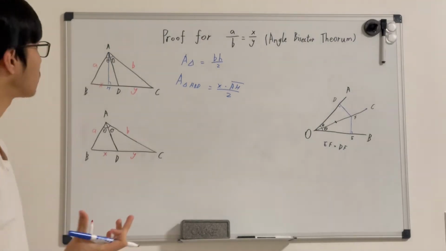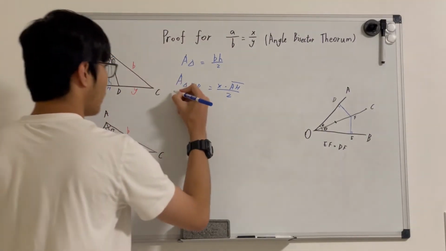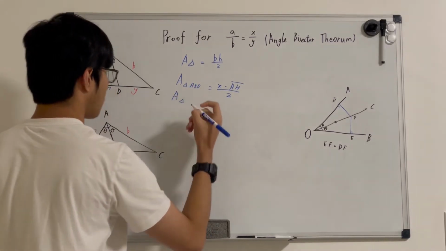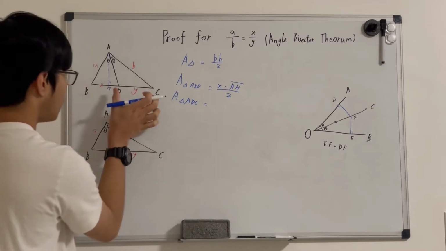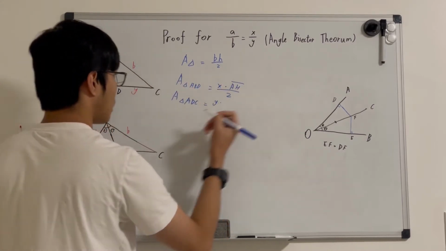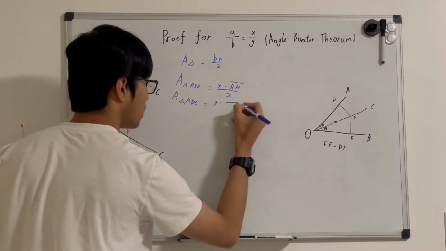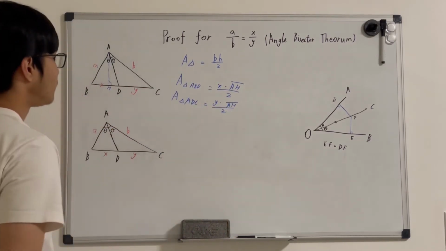Okay, no problem with it, right? So I'm going to do the same thing for ADC. So the area of triangle ADC exactly equals y, the base DC, times height AH, divided by 2. Right?